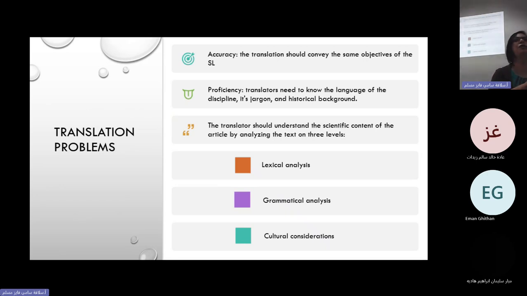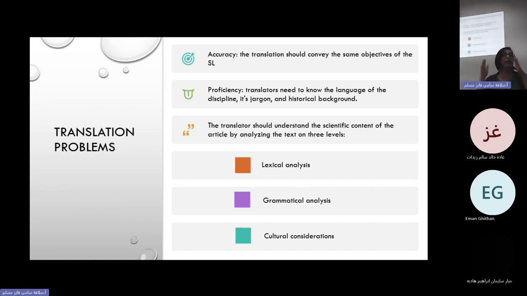And this is done for any type of translation, whether it's literal, whether it's scientific, whether it's environmental. Any type of translation should transfer the meaning, okay? بغض النظر عن طريقة الترجمة, the meaning should stay the same.